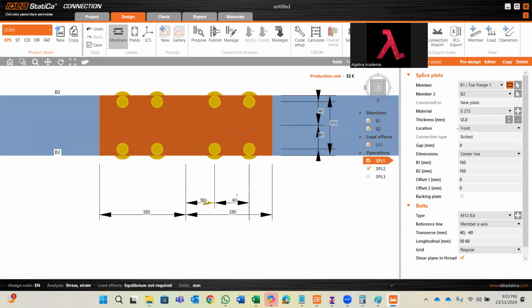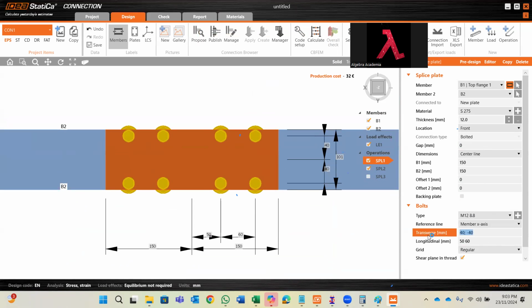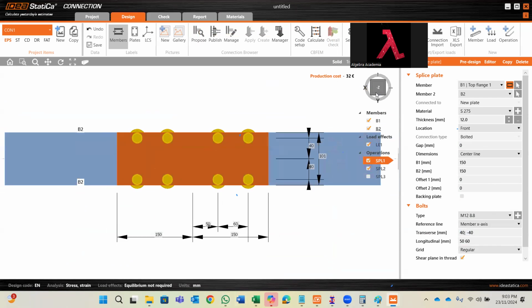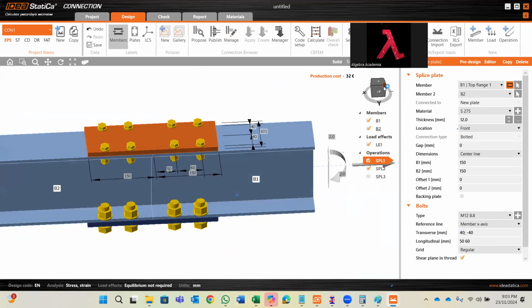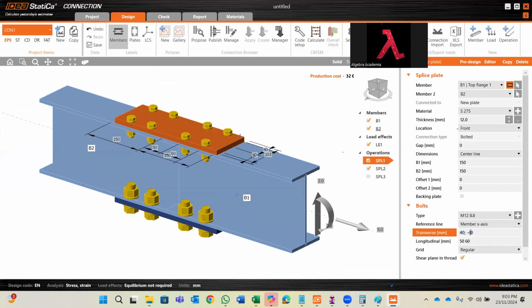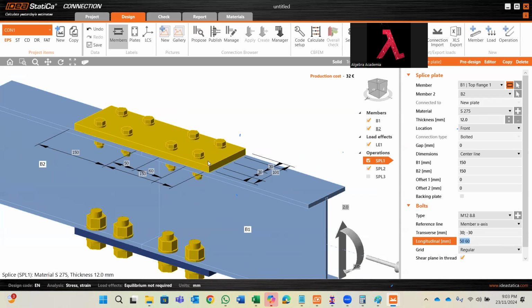Okay. Now let's adjust the bolt. So 12, if you are keeping 101 minus 60, the balance is actually 41.